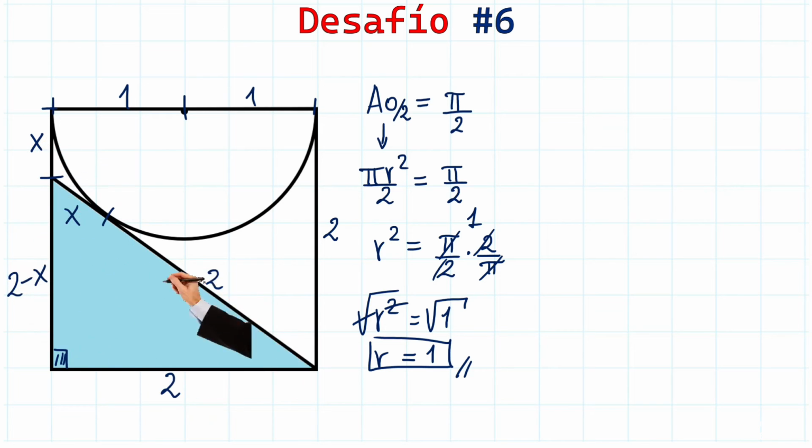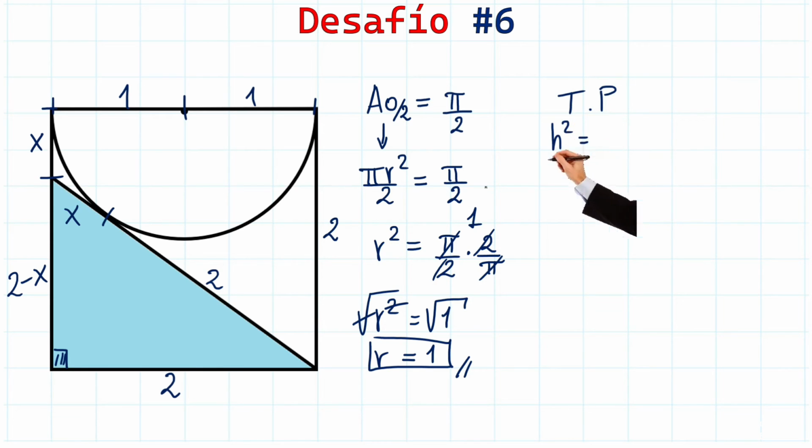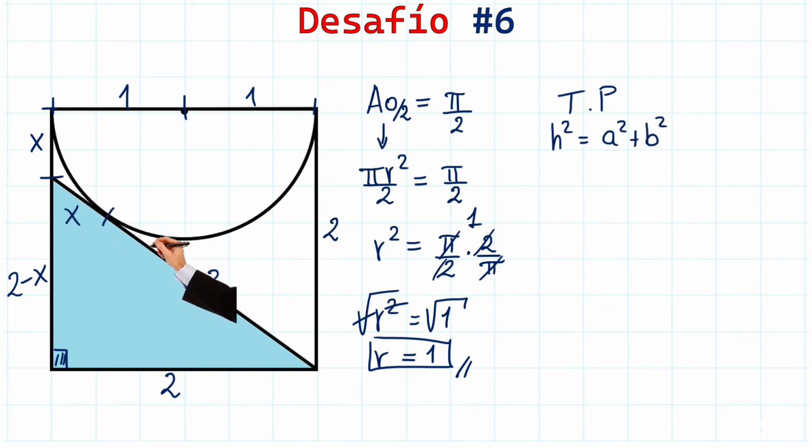Phenomenal. With this we can use the super powerful Pythagorean theorem to find the height of the right triangle, so let's do it. The Pythagorean theorem tells us that the hypotenuse squared is equal to the sum of the squares of the two legs. That is a squared plus b squared. What is the hypotenuse? It's all of this here.